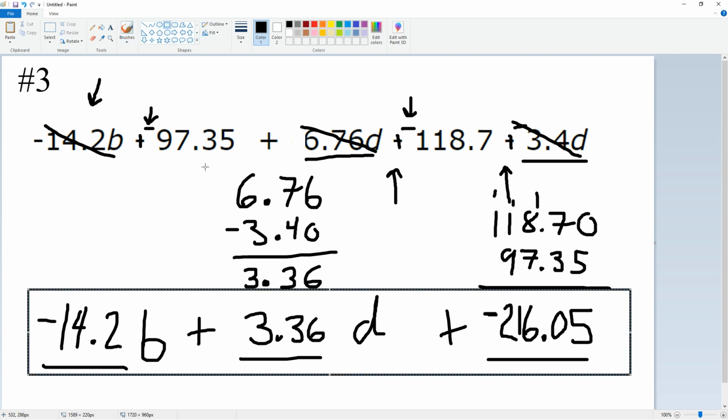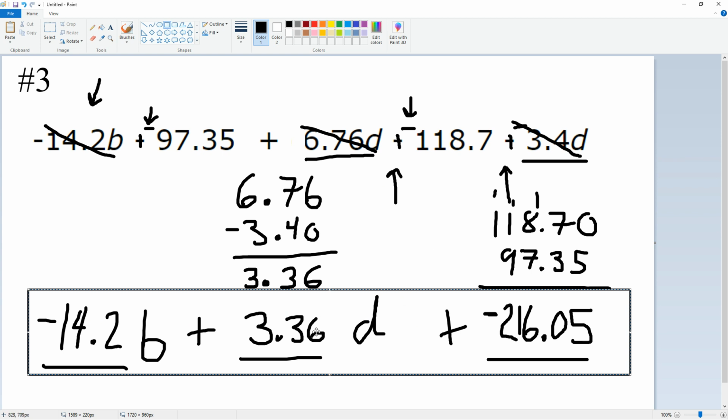And if we look back at it, it makes sense, right? Our D value is bigger here than it is over here, so it makes sense that it'd be positive. We're subtracting a constant, we're subtracting a constant, so we're adding a full negative constant here, okay? Our B value hasn't changed because it's all together, okay?